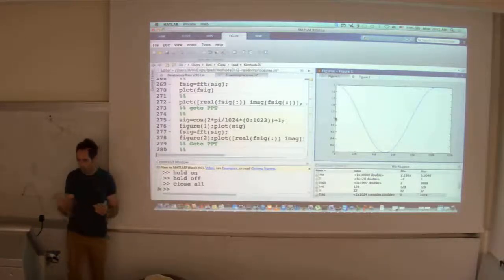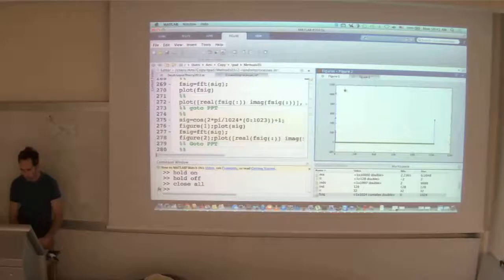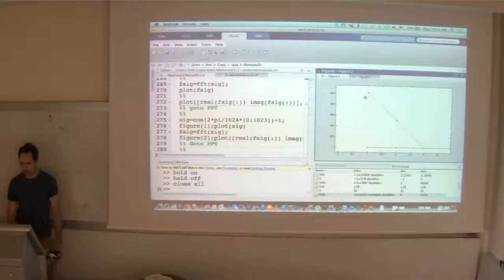And this is the way that MATLAB represents a DC shift. So in MATLAB, we can look at the Fourier transform of this signal. And now we will see that there is an entry in 2 and also an entry in 1.